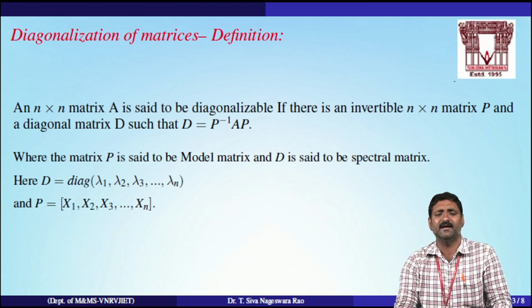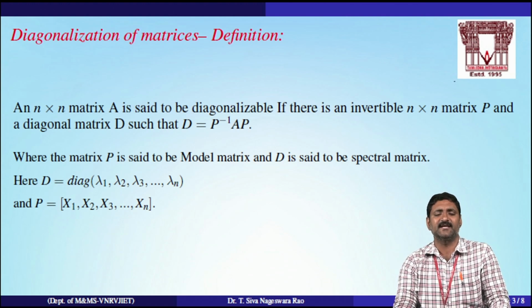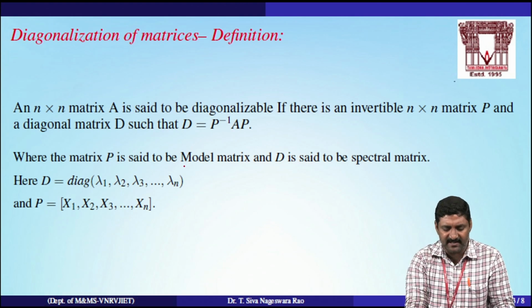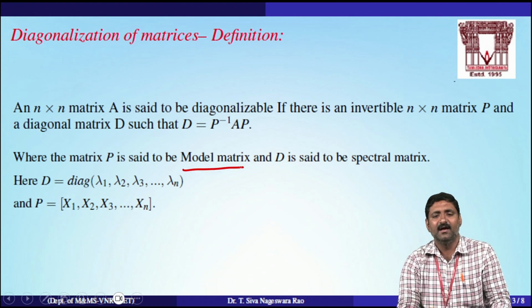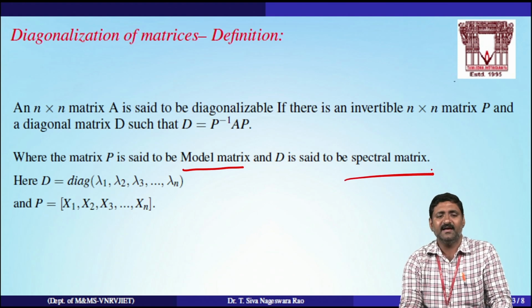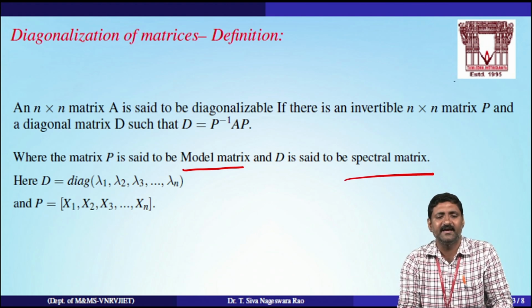Here in the definition, the matrix capital P is said to be the model matrix and the matrix capital D is called the spectral matrix.